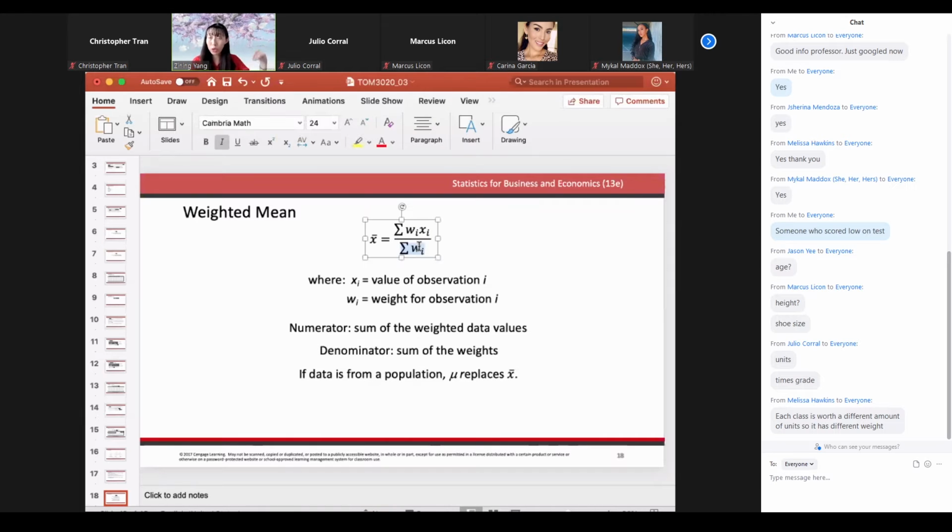Previously, when we did the unweighted mean calculation, the denominator was large n or small n, how many observations, or how many classes. But now when we do the weighted mean, this is the tricky part: your denominator needs to be the sum of the weights. In other words, when we calculate the GPA, this needs to be the sum of all the units you are taking.